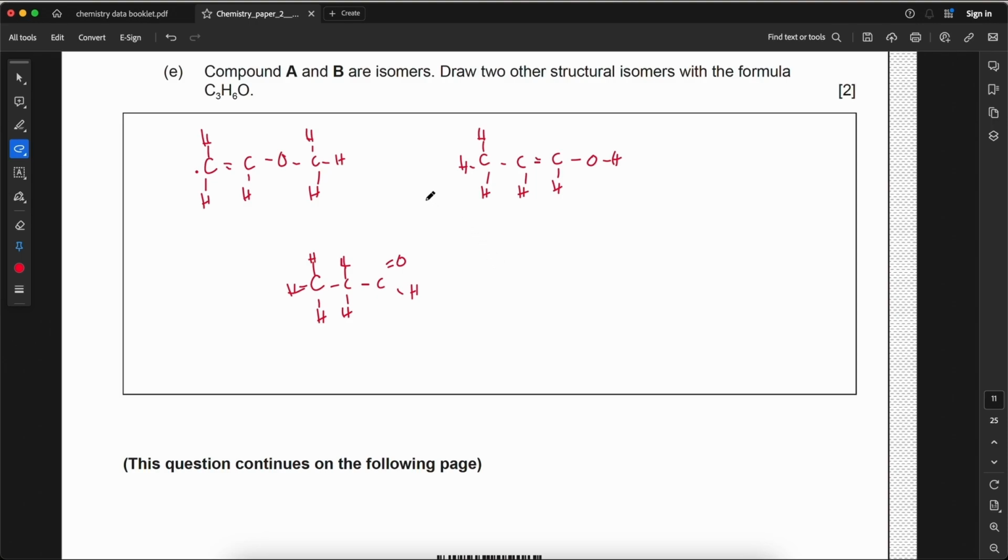Okay, so you can choose 2 of them. So one is ether and another one is with the alcohol, and then the other one is the carboxylic acid. The key here, you need to have double bond and then O, and the number of C should be 3, and then H should be 6, and then it has to have 1 O.